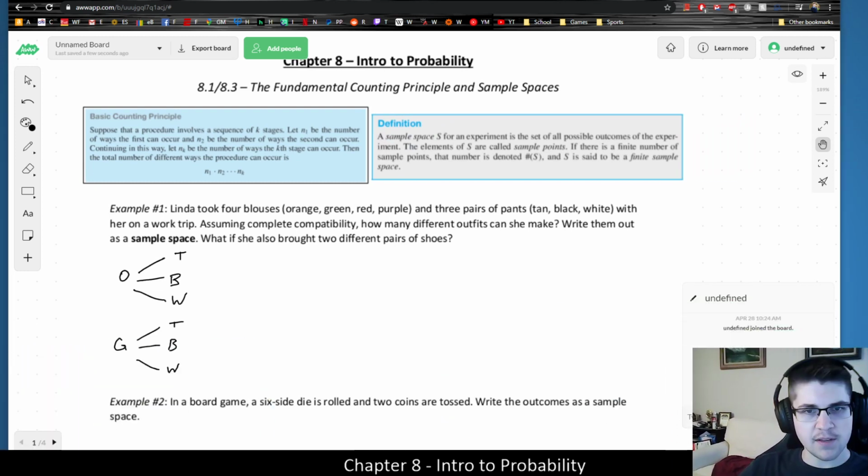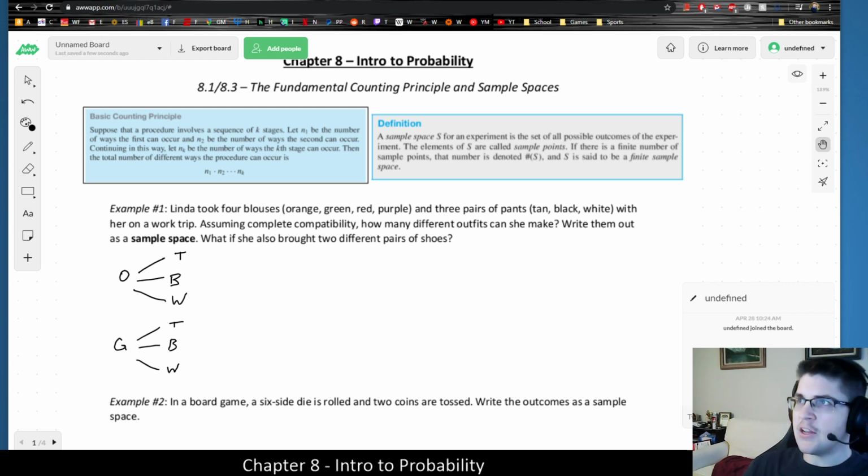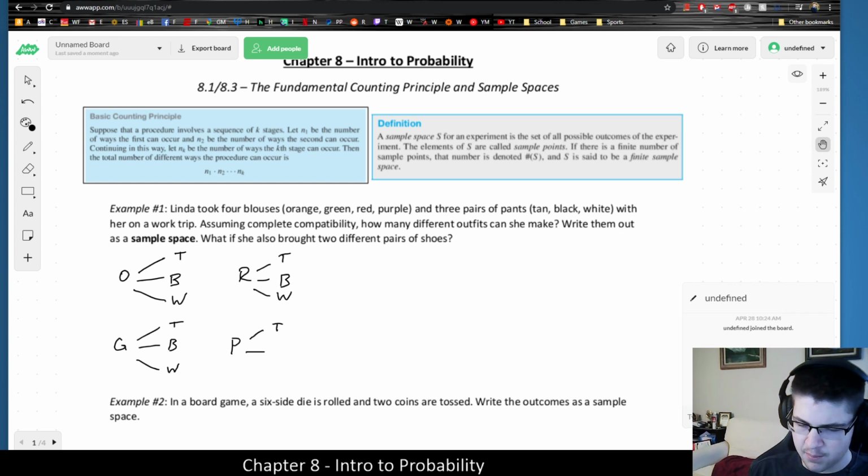Let me move myself over there. Okay. And so on, right? We could do the red pairings. Red could be paired with tan, red with black, red with white, or purple with tan, purple with black, or purple with white. And that's all of the pairings, because we paired every single shirt with every single pair of pants.